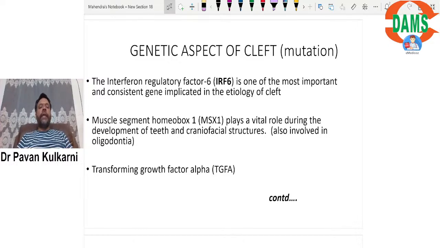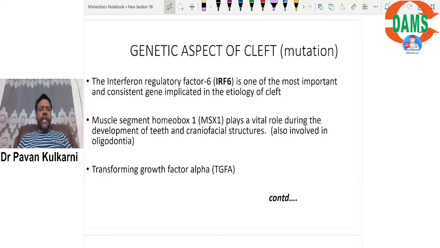IRF6 stands for interferon regulatory factor 6. This is considered to be the most important and consistent gene whose mutation causes cleft. Whenever a cleft patient is there, this gene is consistently mutated, always IRF6.